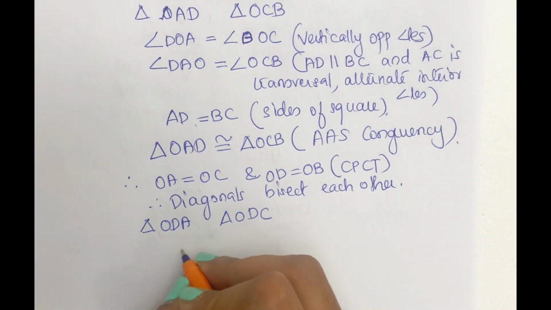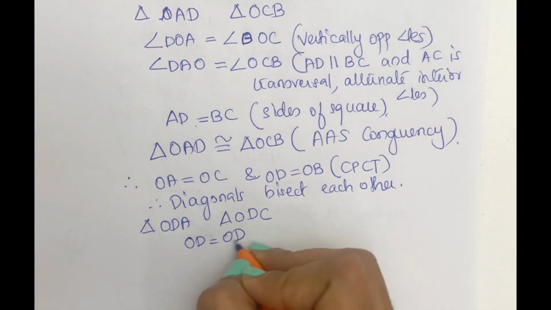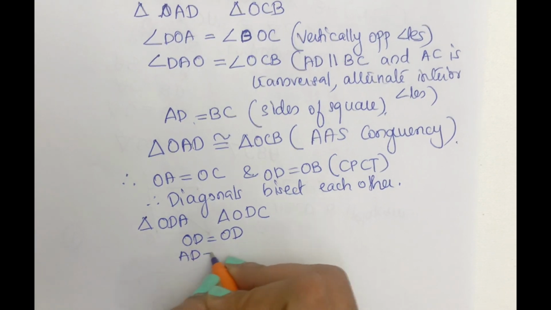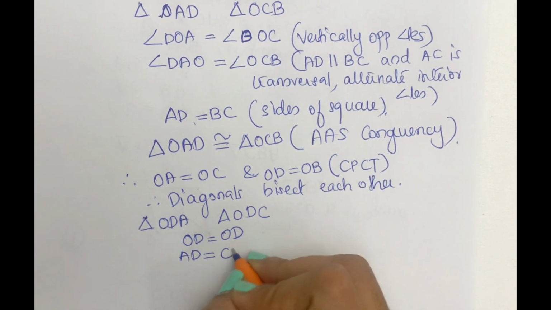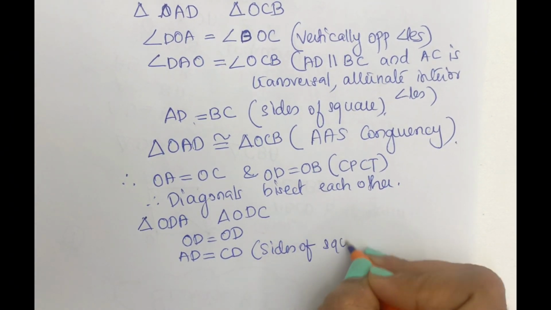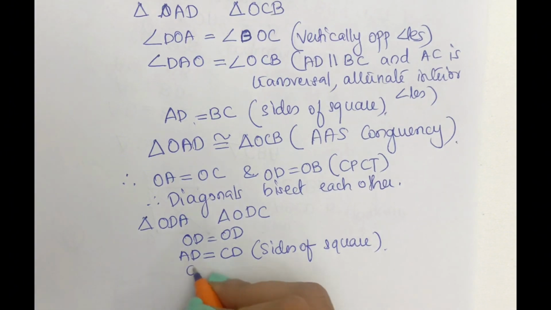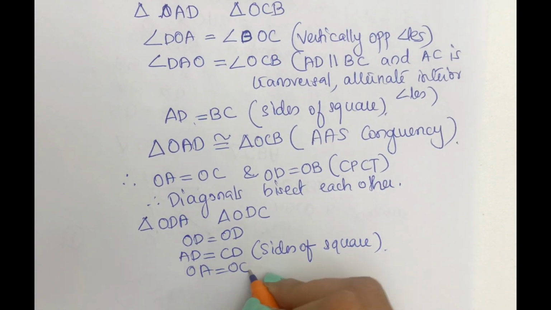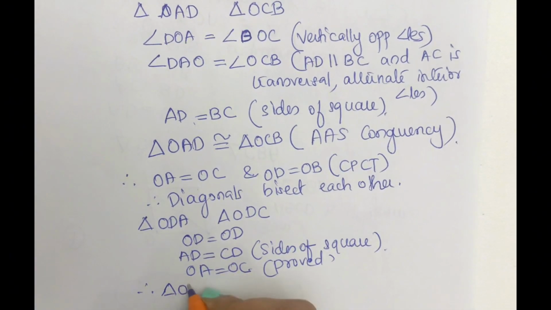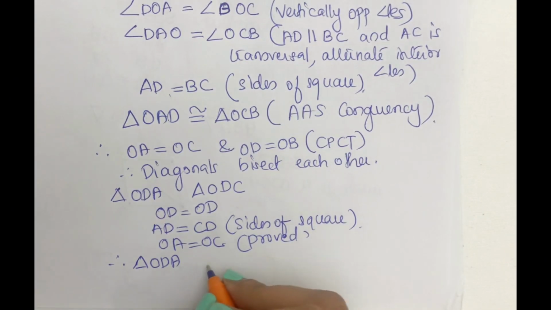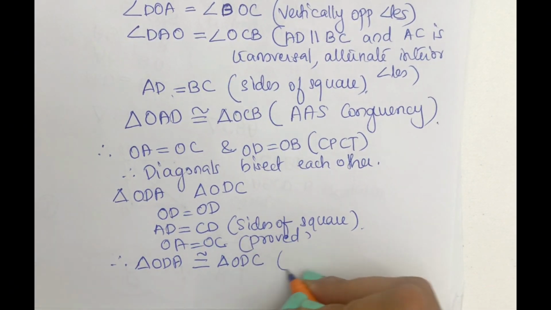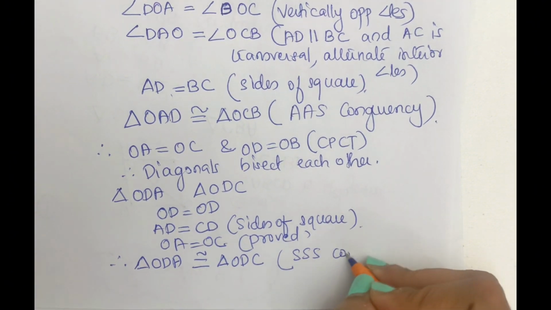Now OD equal to OD, the same common side. AD equal to CD, sides of a square. Now OA equal to OC, proved. Therefore triangle ODA is congruent to triangle ODC by SSS congruency.